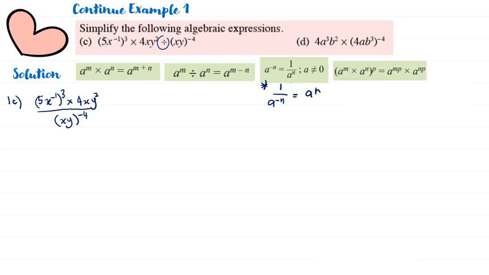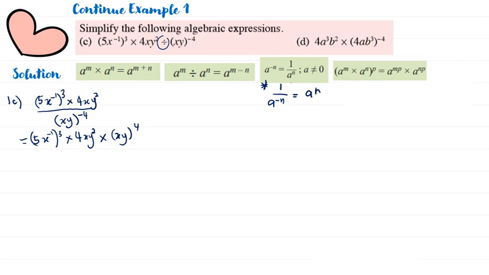So this one becomes 5x to the power of negative 1, all to the power of 3, multiplied with 4xy to the power of 2, times xy to the power of 4.